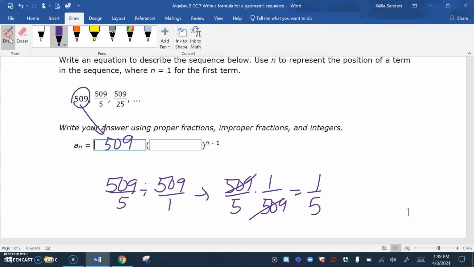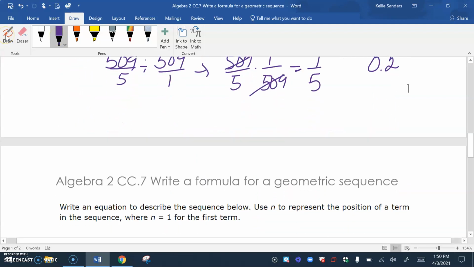Whenever I did this earlier on the computer, just to make sure I know what I'm talking about, I put 0.2 in here because 0.2 is the same exact thing as 1 over 5. But whenever it says use proper fractions, it is not going to allow 0.2. So you must put the fraction for you to be able to get it right.